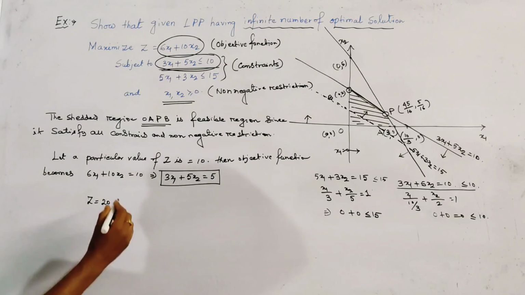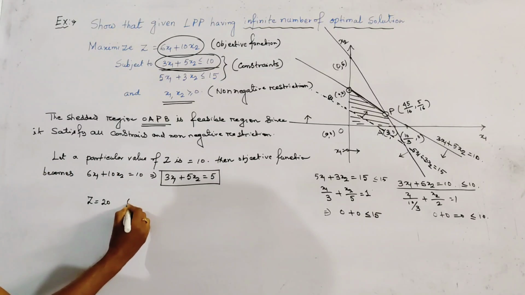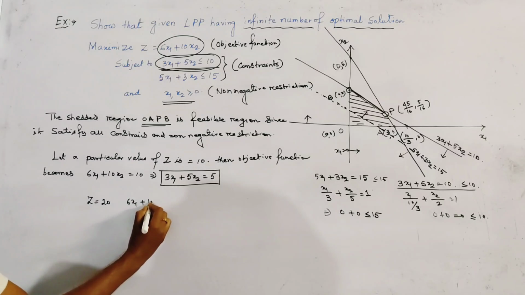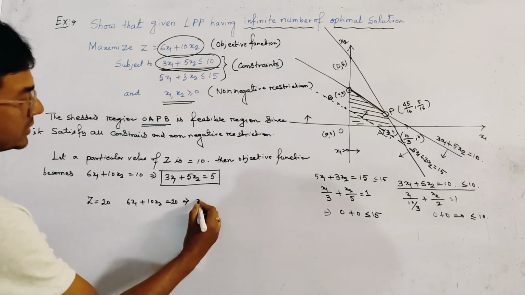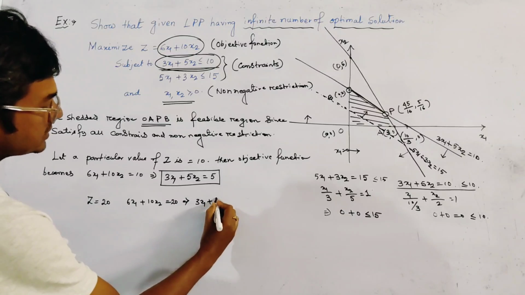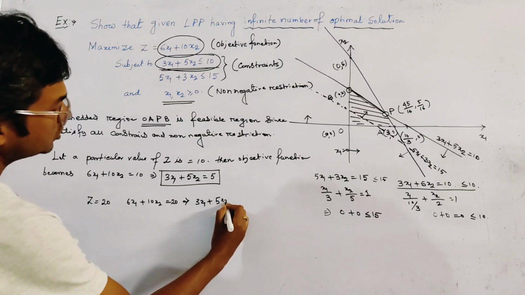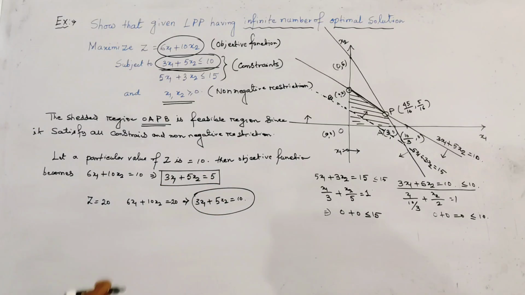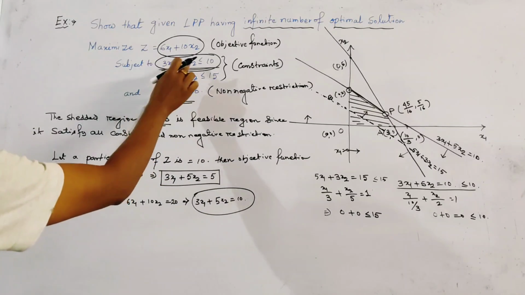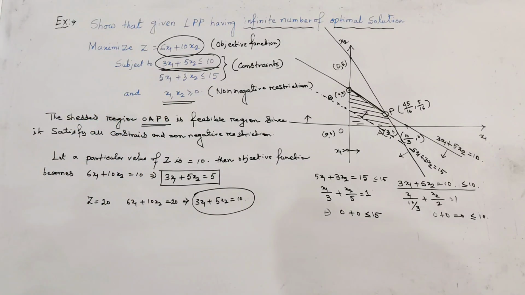the function becomes 6x1 plus 10x2 equal to 20, that is 3x1 plus 5x2 equal to 10. This is nothing but the first given constraint.